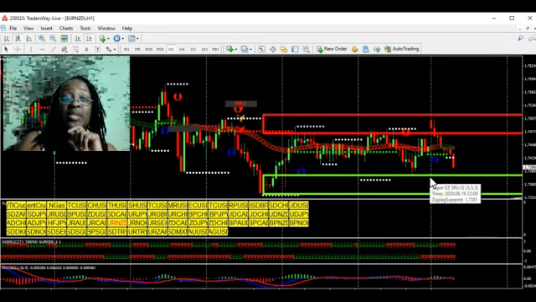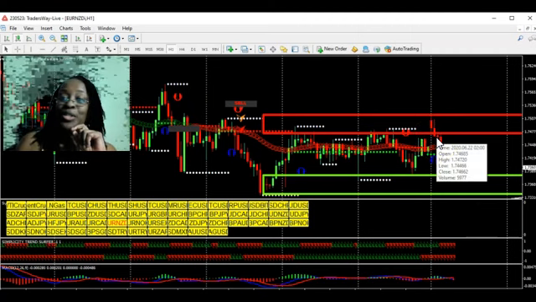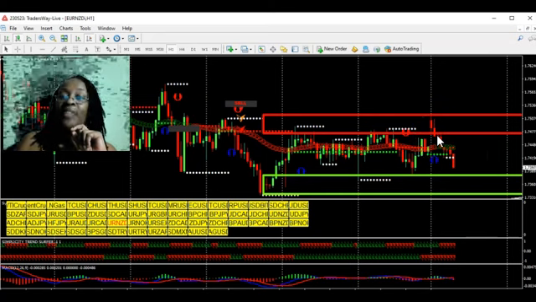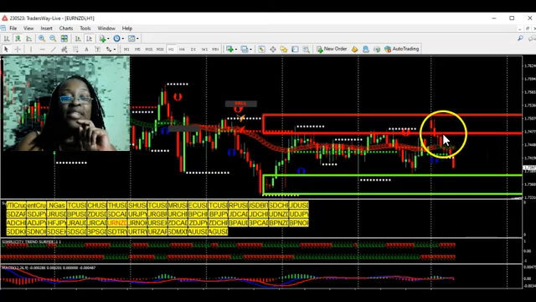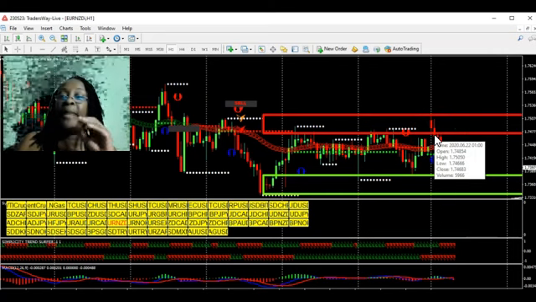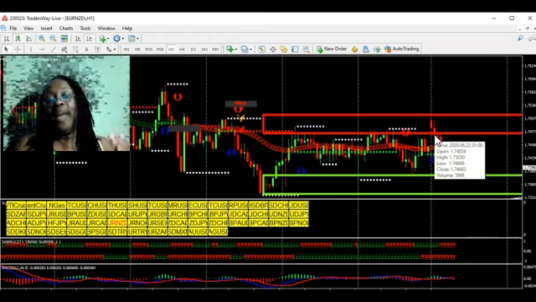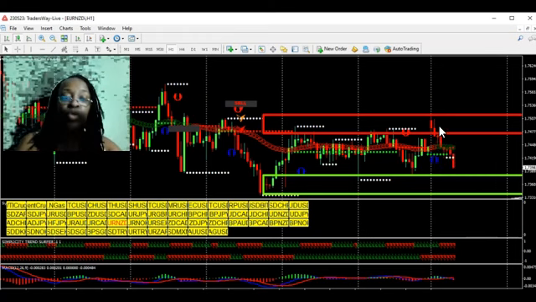But what I would say is it's doing exactly what it's supposed to do when it comes out of the zone. The supply zone, it broke and closed right here on this candle right here. And basically what it does is it goes from zone to zone. And that's the goal. You can ride it from zone to zone.